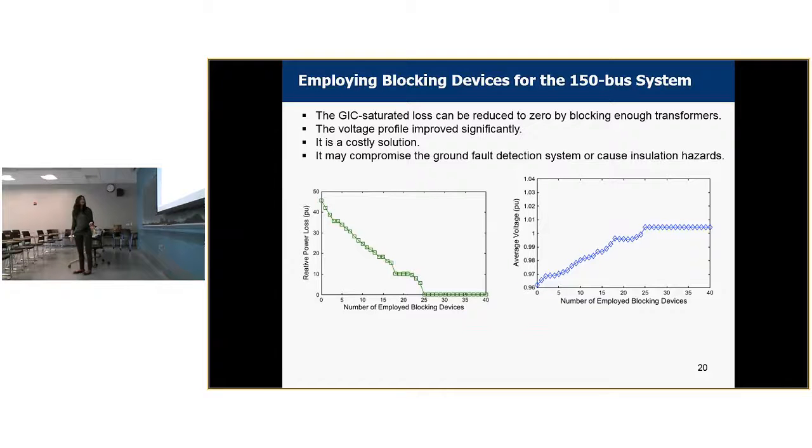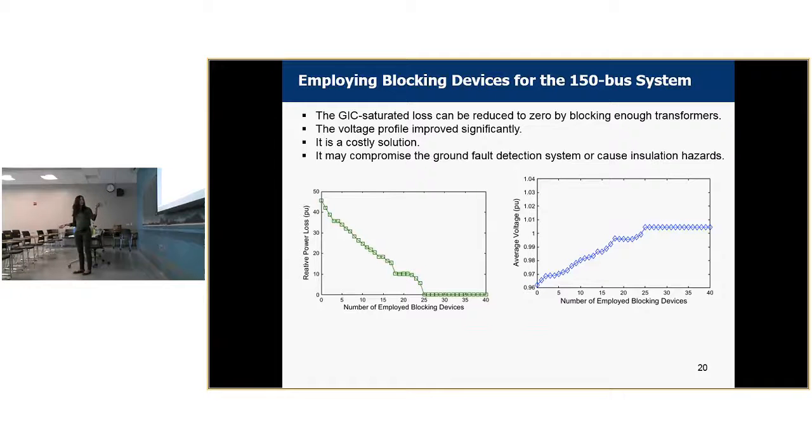And here are the simulation results for the 150 bus system. On the left, you have the reactive power loss as you employ more blocking devices, and on the right you have the average voltage. For this, using blocking devices is much more effective than opening a line.